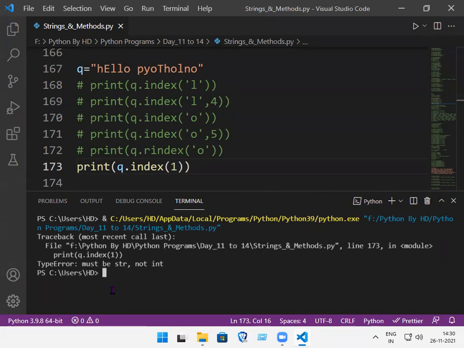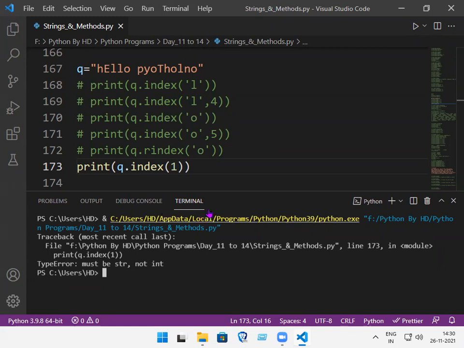So in index, can I pass integer or float? No. Make a note, okay? Very important. Keep it in a box. Because after 10 or 15 minutes, I'll come back to the same topic again.